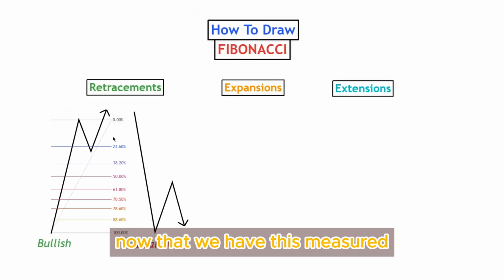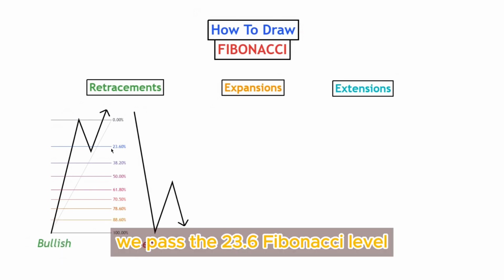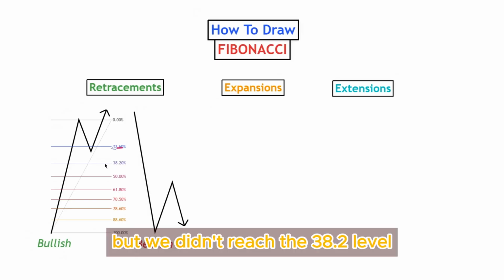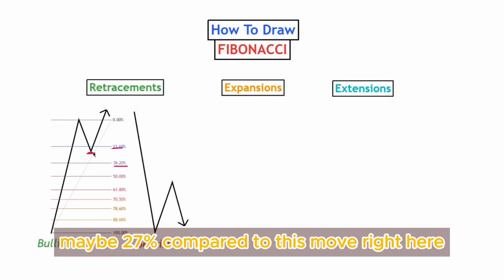But now that we have this measured, we can look to see that as price retraced in this example, we passed the 23.6 Fibonacci level, but we didn't reach the 38.2 level. So we can estimate and we can say that price retraced about 25, maybe 27% compared to this move right here.